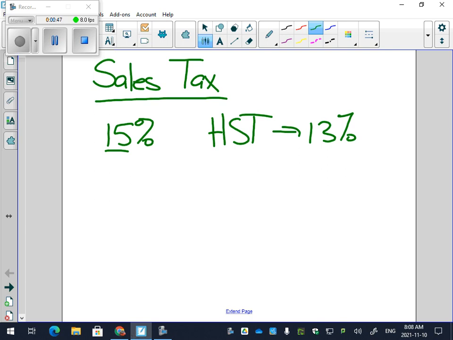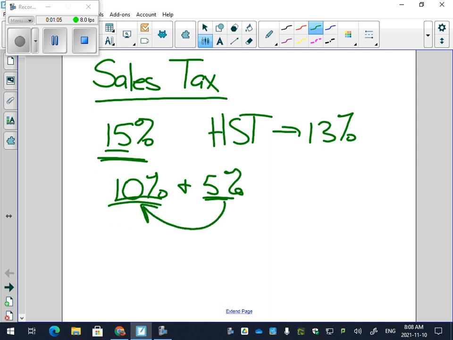So if you can do one, you can do the other. Anyhow, let's talk about mental math for a second. The first part is to break this 15% up into 10% and 5%, because it's easy to get 10% of a number, and then 5% is just half of whatever you get here.